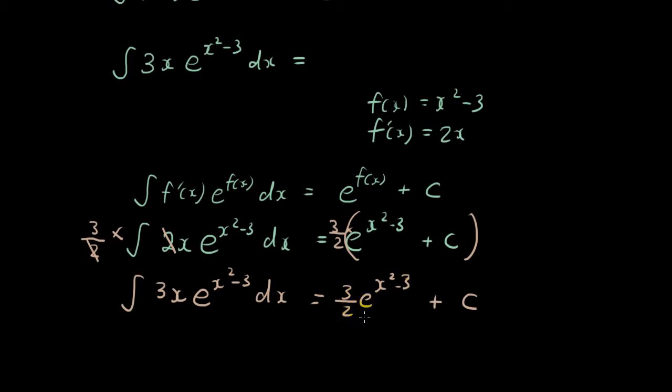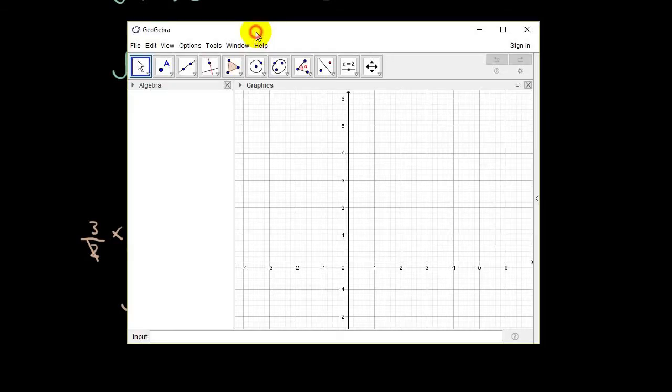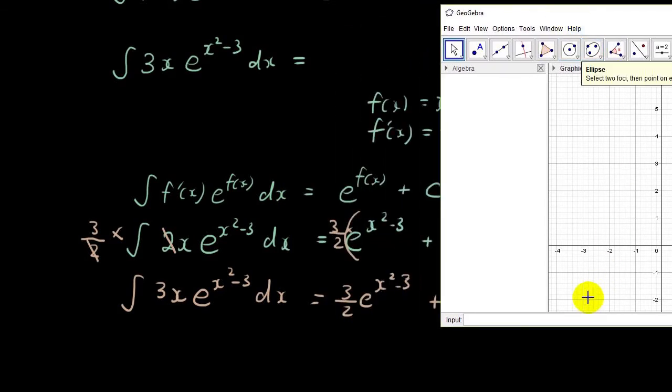To check that we have the answer correct, let's now do this in GeoGebra. If we type in the equation, y equals 3 over 2 e to the power of x squared minus 3.